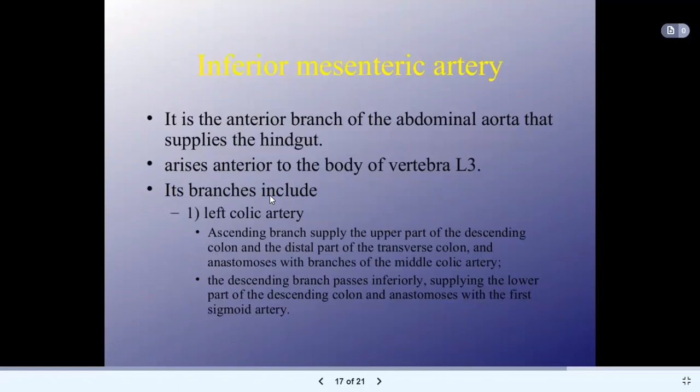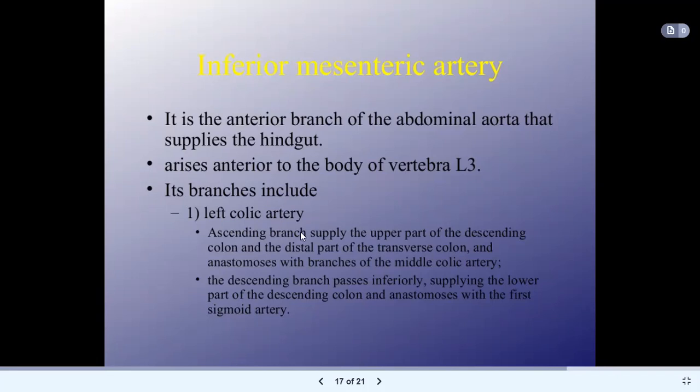The branches include left colic artery. So I told you before that the left colic artery is not part of superior mesenteric artery because it is a branch of the inferior mesenteric artery. So what does it supply? It's going to supply the descending colon.